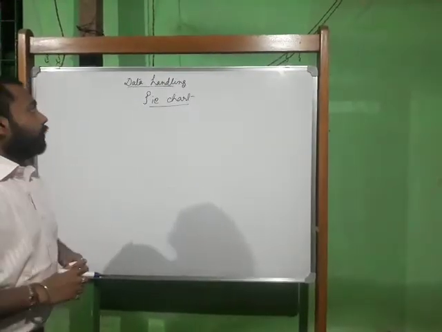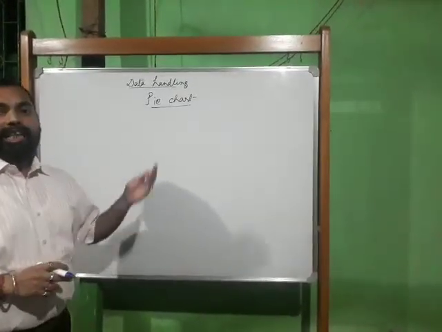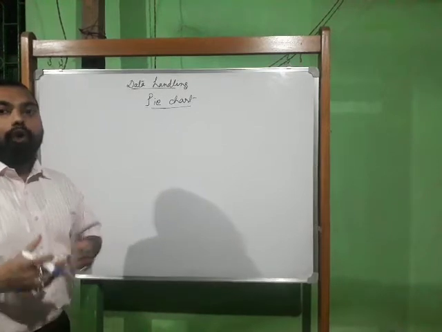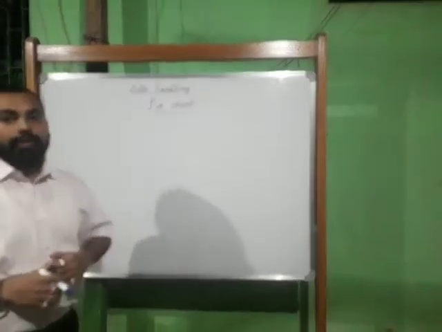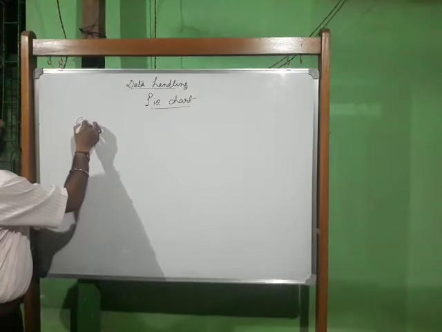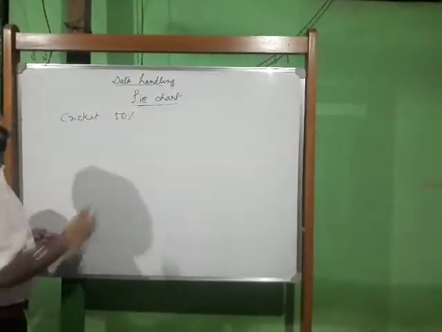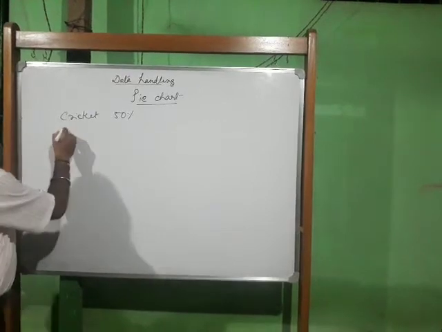Now, pie chart. What is a pie chart? When we represent data in a circular form, that is known as a pie chart. Let us take an example. In a classroom, students who like cricket are 50%.